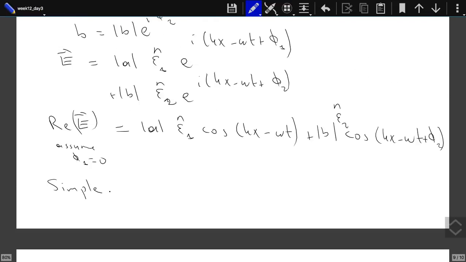Let us consider a simple case. In general, this A, B, and phi are just arbitrary numbers depending on how you create your wave. So you can just adjust them to have different values. Just to look at a simple case where you create them such that A and B are equal to each other, they have the same magnitudes, but phi 2 is equal to pi over 2.